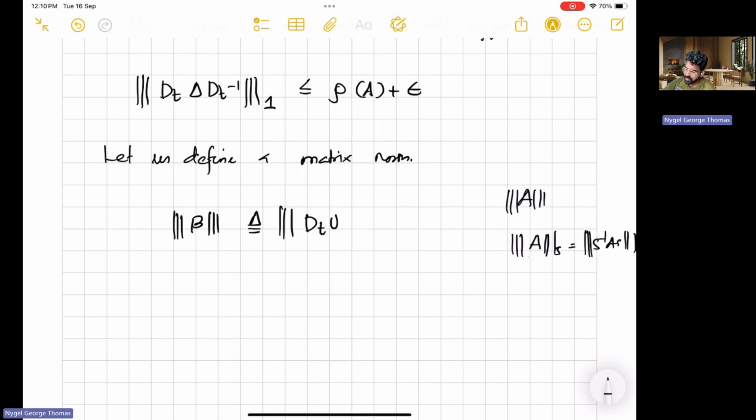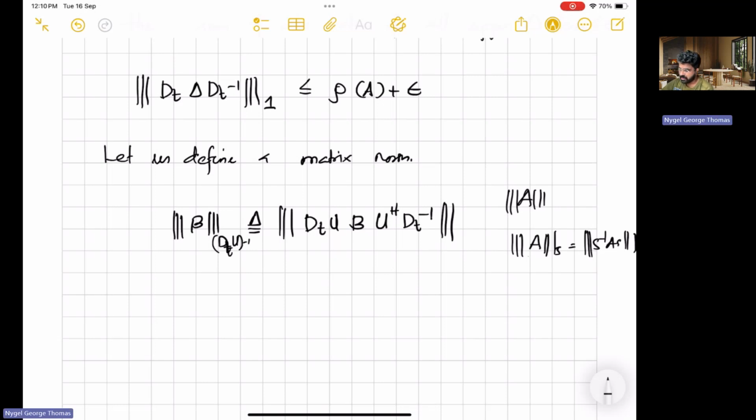So we choose the norm of B as D_t U Hermitian, B, U D_t inverse. This is also a valid matrix norm, where the similarity matrix is defined for D_t.